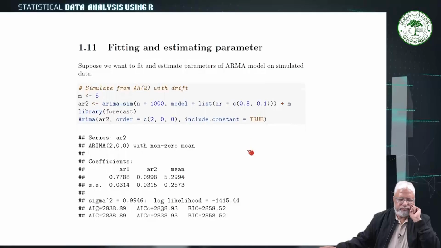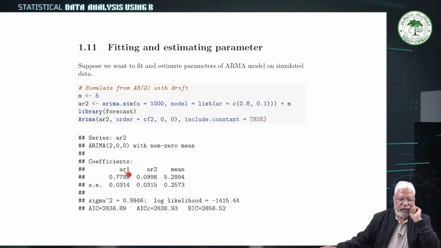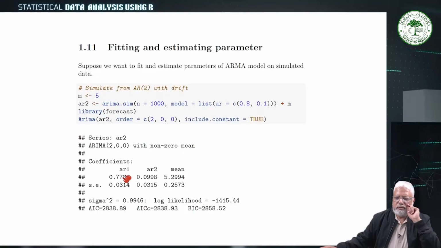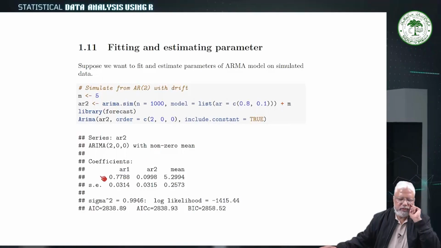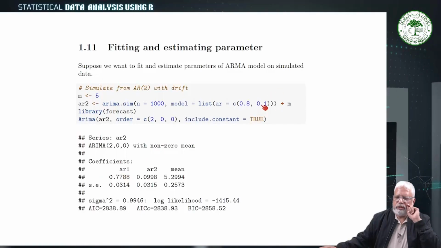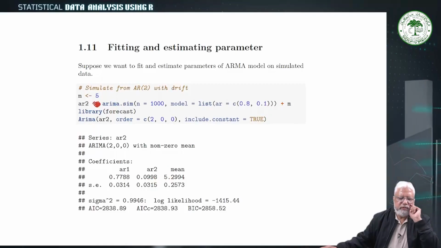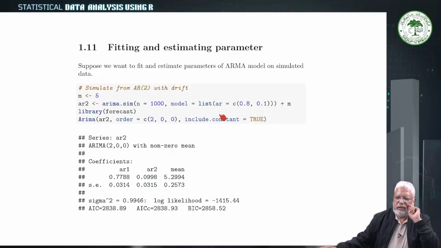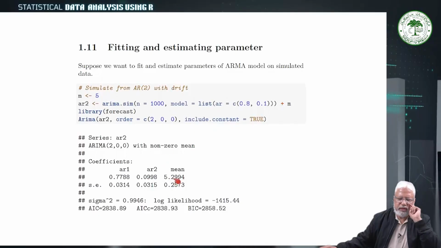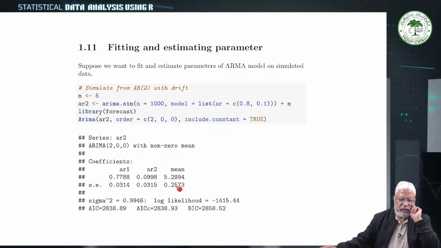So this is the AR1 0.77, here 0.8, so they are very close. This one is 0.1, and it is 0.09, and the mean is 5, so because include.constant is equal to TRUE, it is 5.2, and these are the standard errors.